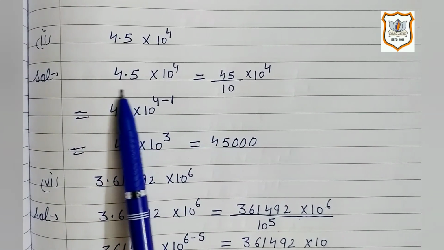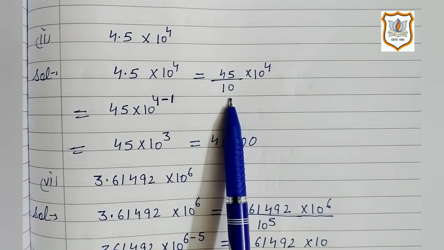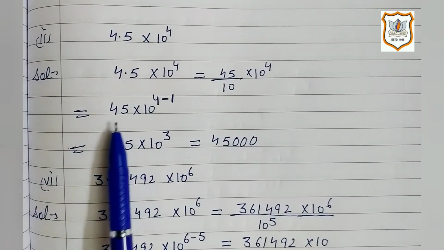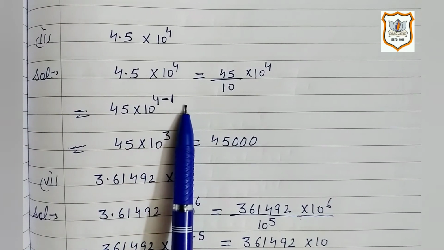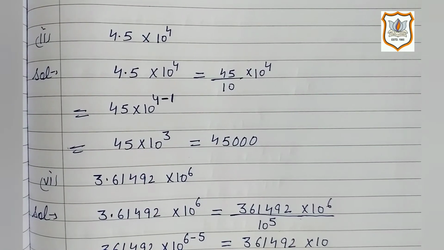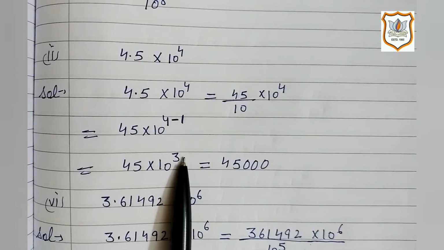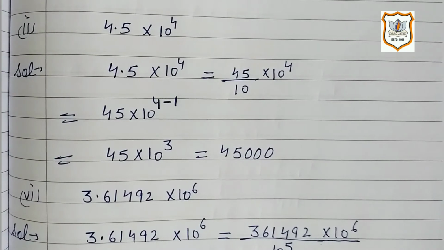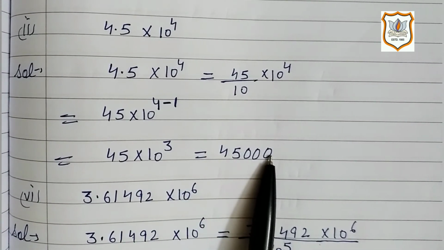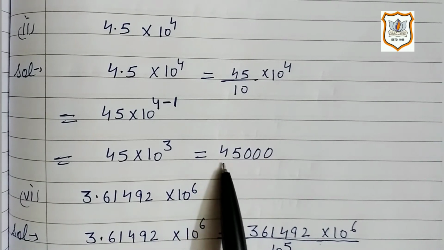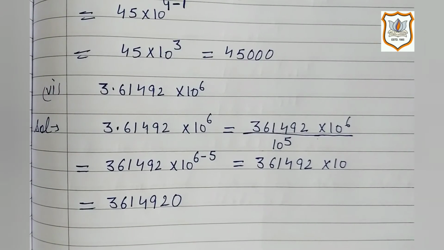Students, we can write 4.5 as 45 upon 10, is equal to 45 multiplied by 10 raised to power 4 minus 1, is equal to 45 multiplied by 10 raised to power 3. Now we will write 45 with 3 zeros. So we get 45,000.